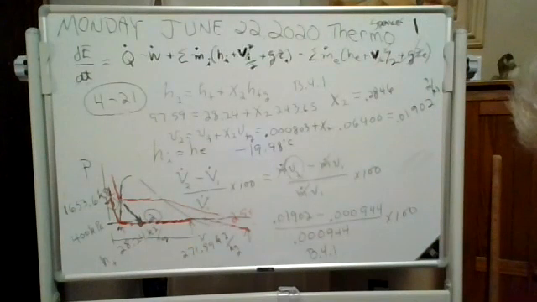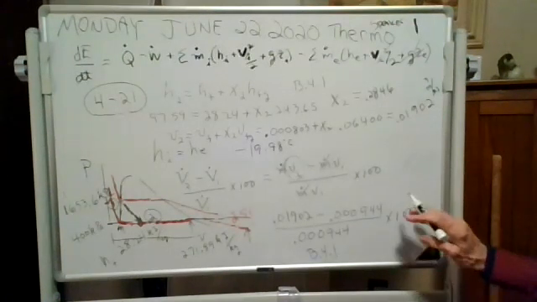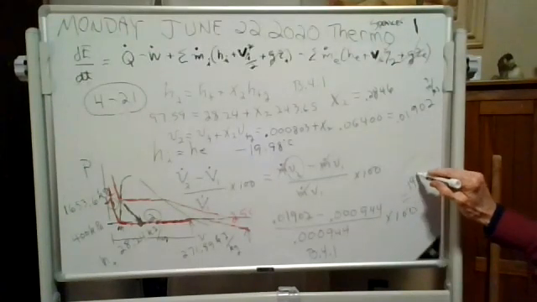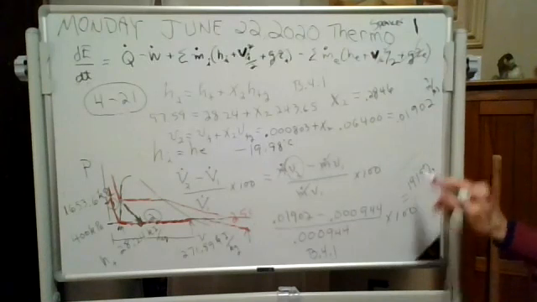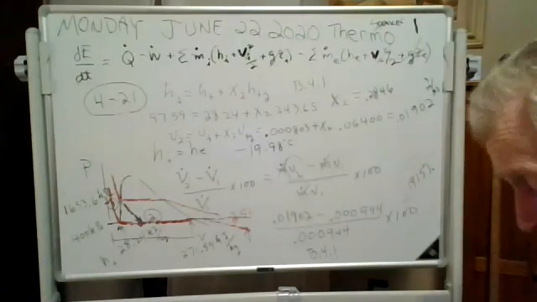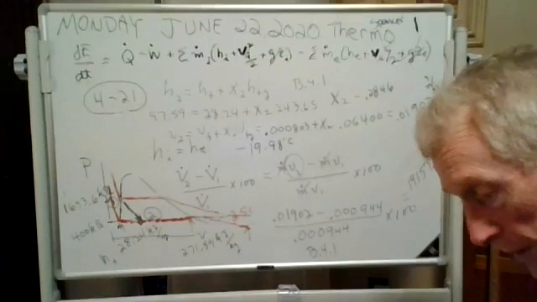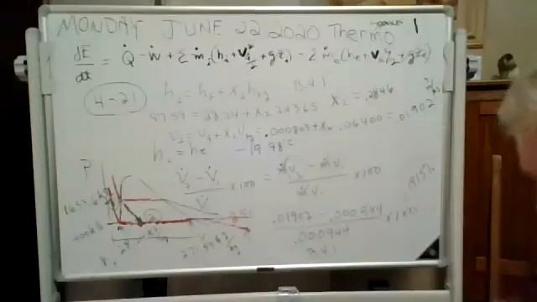Okay, here goes. 0.01902 minus 0.000944 divided by 0.000944, times 100. I'm getting, rounding it off, roughly 1915% increase. It's almost 2,000% increase, which means that it got bigger by about a factor of 20. And that is the correct answer.